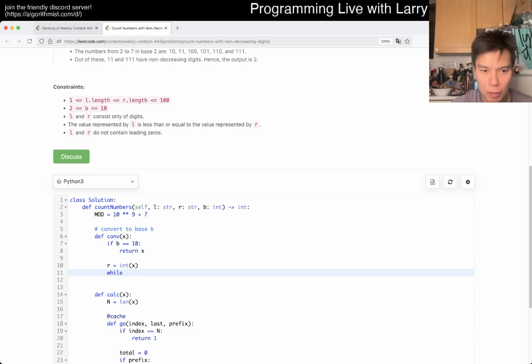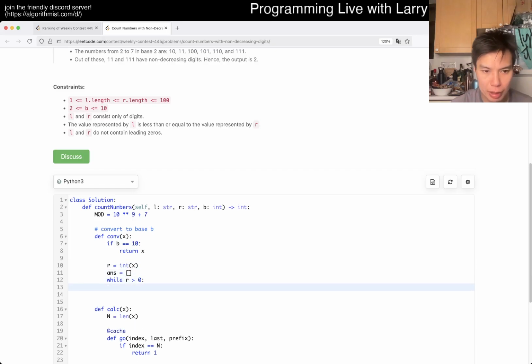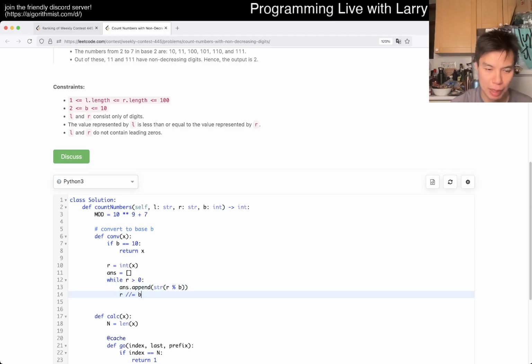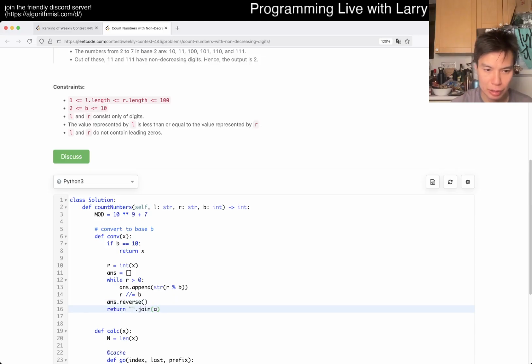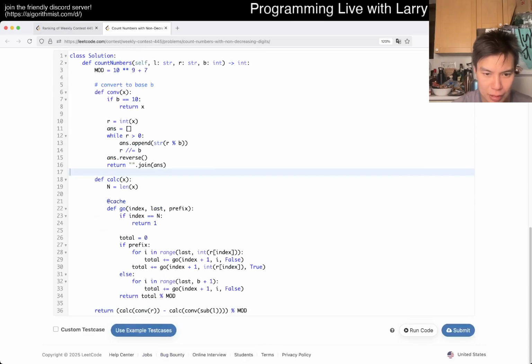So while r is greater than 0, answer dot append string of r mod b, and then r shift by b, answer reverse, return the join of answer, and then we just have to do a subtract by 1 thing, right? I don't think that we need to do this. We can just do int of this minus 1, and then convert it back to a string for other purposes. I think we're good in theory.